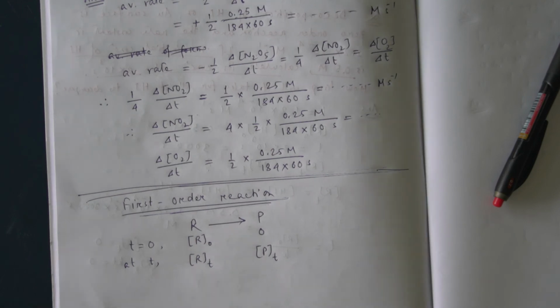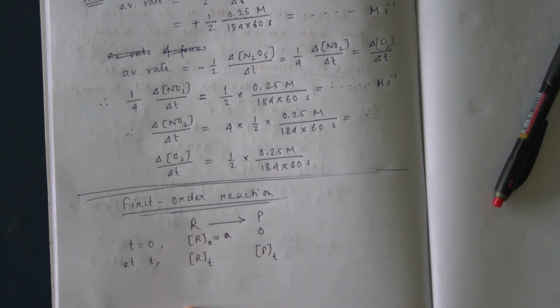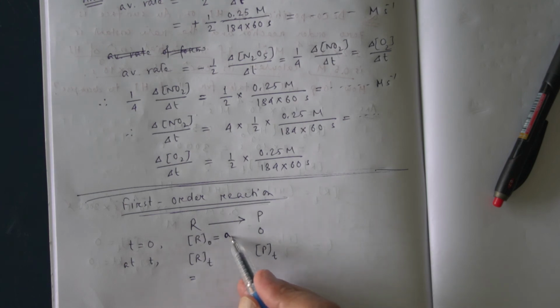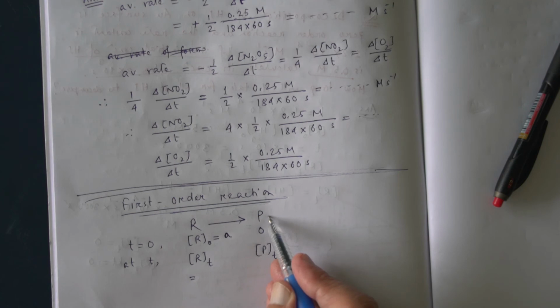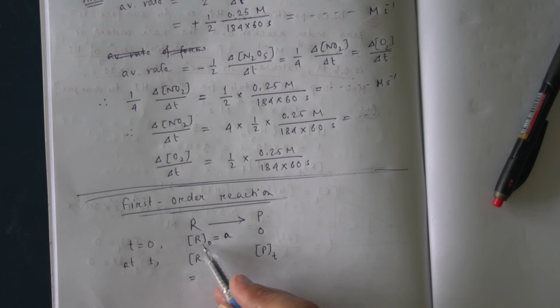Okay, we may also write like this. Suppose this is equal to A. Okay, this is equal to A. So at time t, x from A goes to P. Initially, suppose we have A mole.